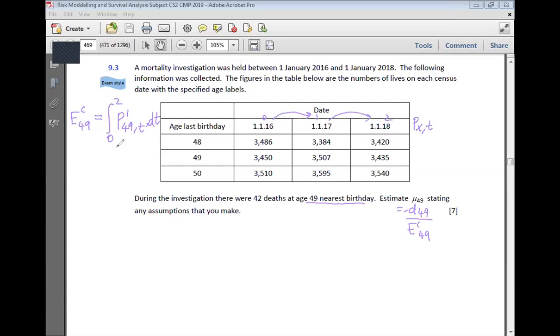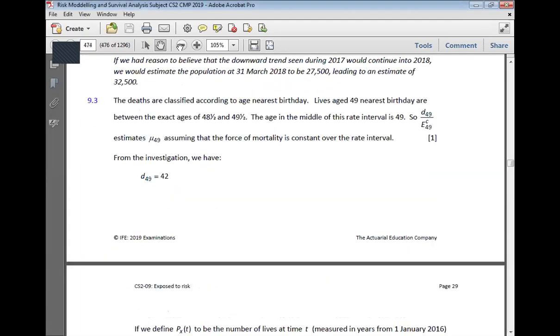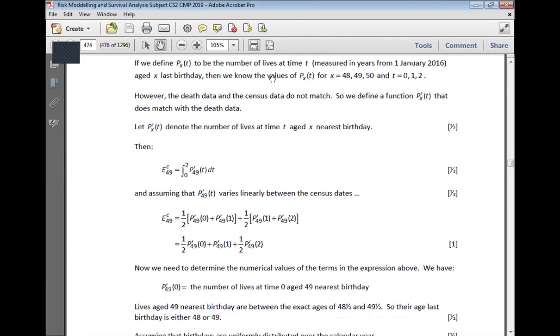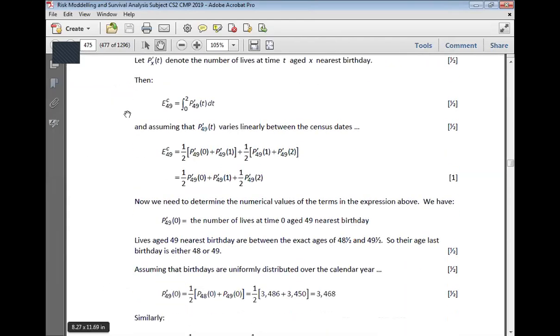So now if you see, anytime these kind of questions, it is always helpful to go step by step. So let me just clear everything here. And let me just show you guys how these questions are actually solved first, so that you guys get some idea, right? So first we will write the definition of EC49, which is what we want. So this is from 0 to 2 P-49T dt, right?